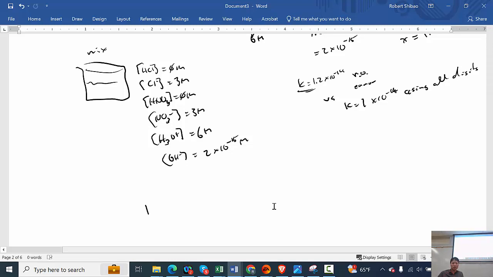Now the pH is equal to the negative log of the total hydronium. The total hydronium is just a little bit above 6 molar, so this is going to be the negative log of 6. We're only allowed 1 sig fig, so I'll just carry 2, negative 0.8.